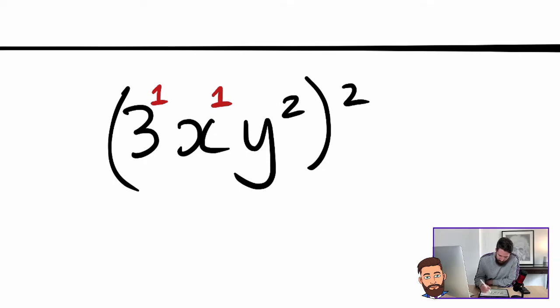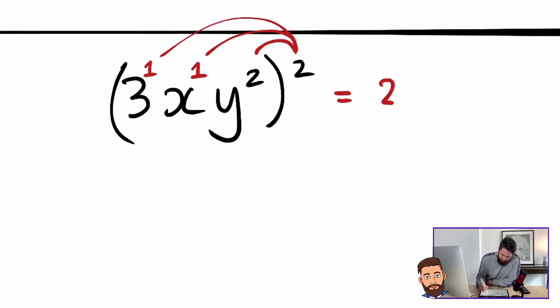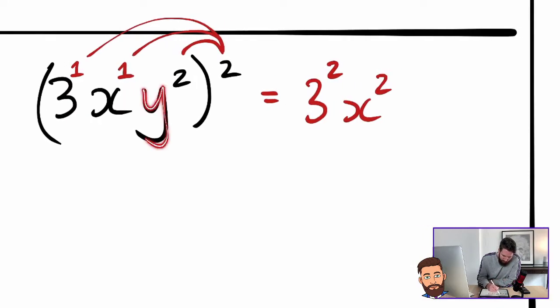And where students miss part of this question is we need to distribute this 2 throughout the powers of every term. So we're going to do 1 times by, because we're raising the power to a power, 2, which would be 3 to the power 2. Then x to the power 1, raised to the power 2, 1 times 2 again is 2, so we've got x squared. And then finally, y squared times by another 2 would be y^4.